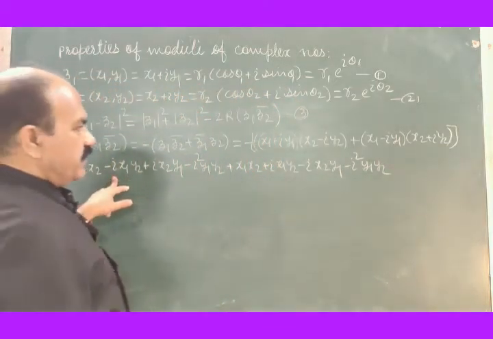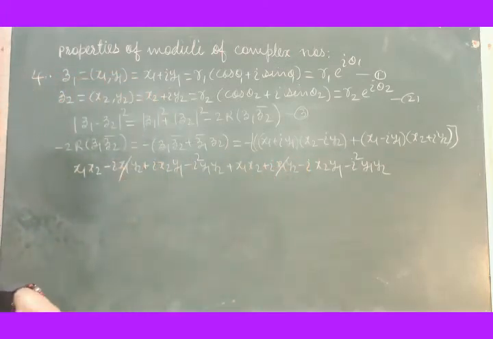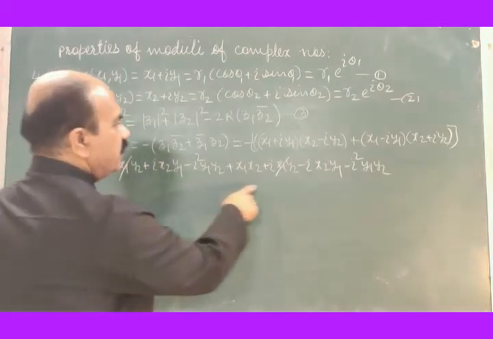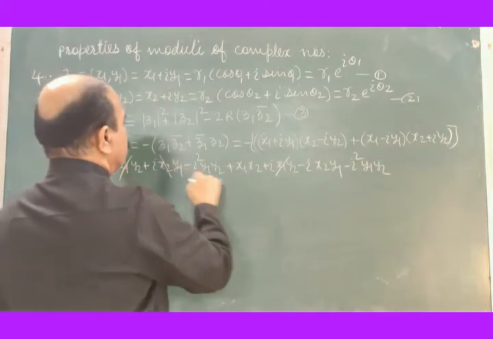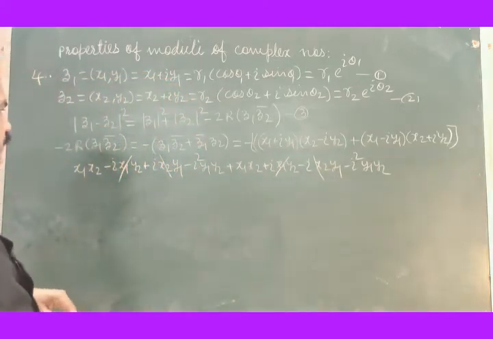Minus i x1 y2 plus i x1 y2, these two together become 0. i x2 y1 minus i x2 y1, these two together become 0.